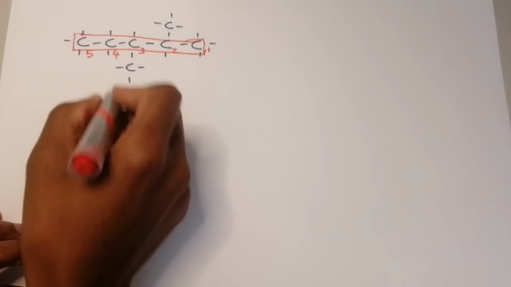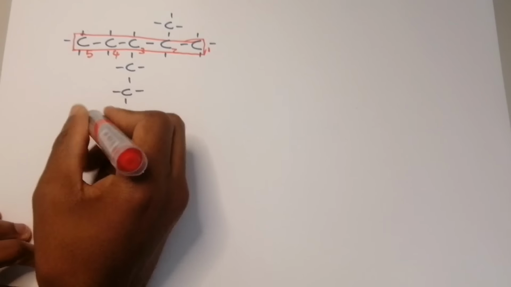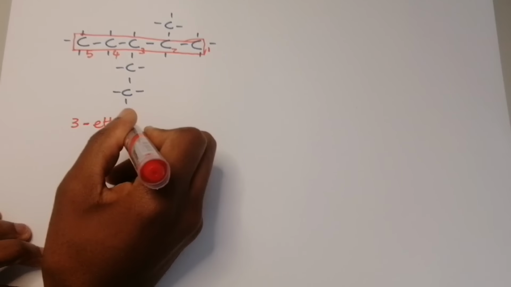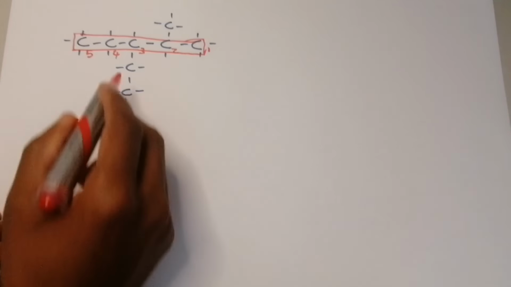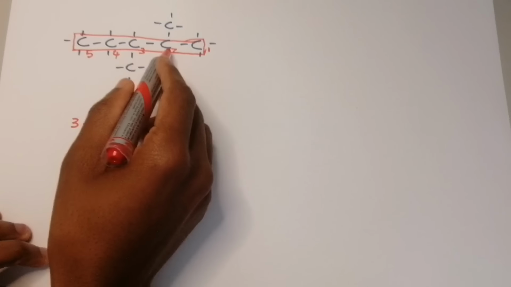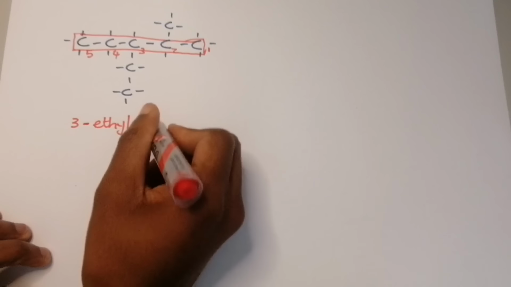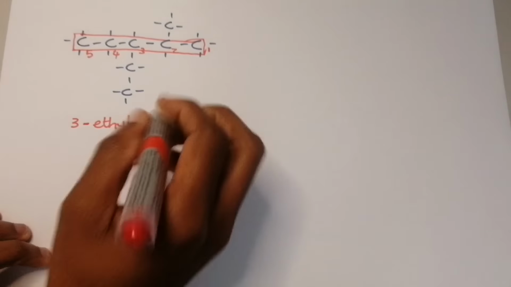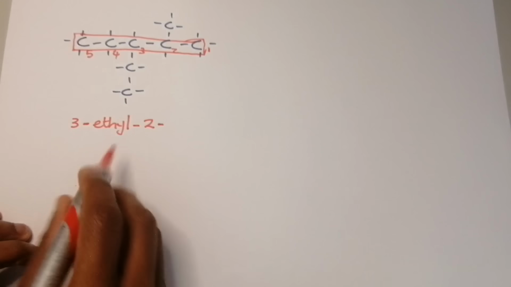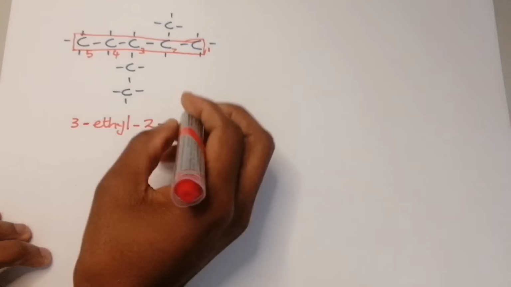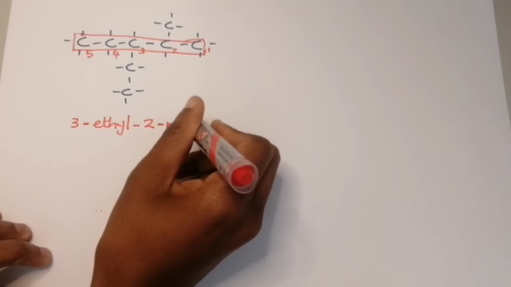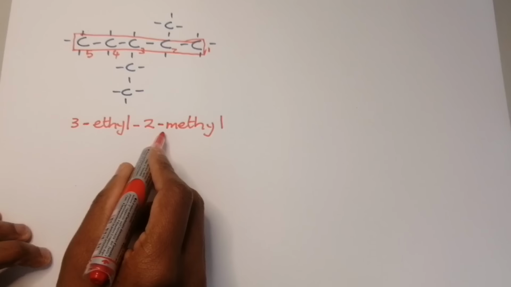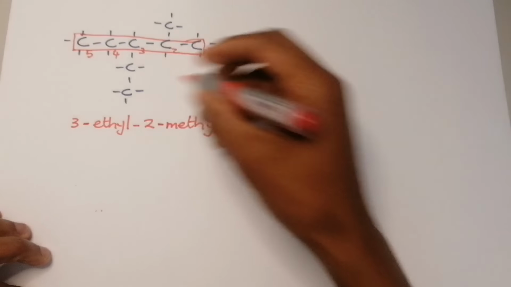So I'm starting with the E, so it's found at carbon number 3. So that's 3 ethyl, okay? And then I'm done with this one. At carbon number 2, notice a hyphen every time there's a letter and a number next to each other, right? That's 2 methyl, okay? See, E comes before the M, all right?